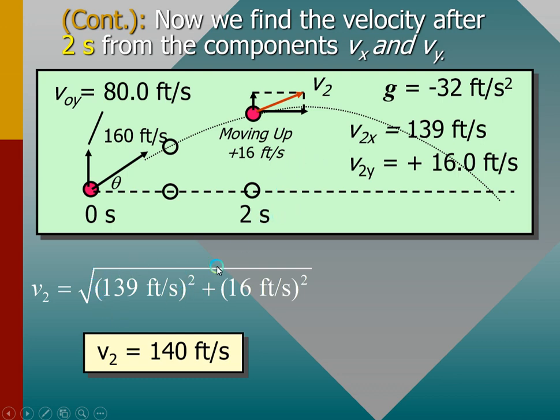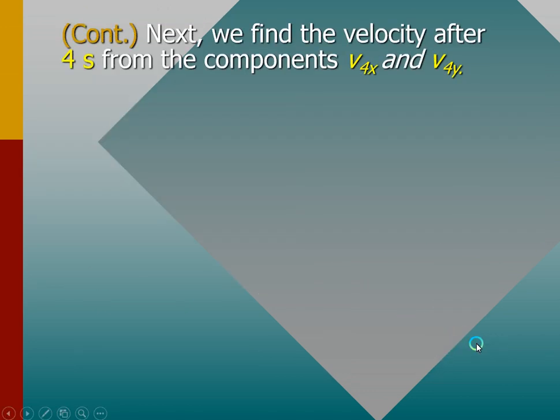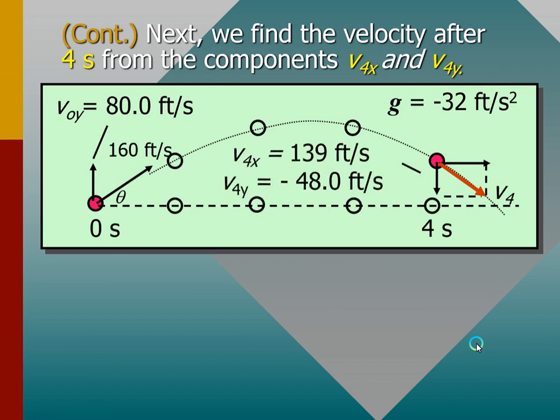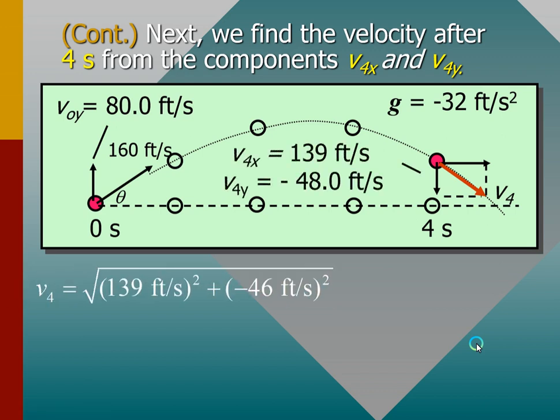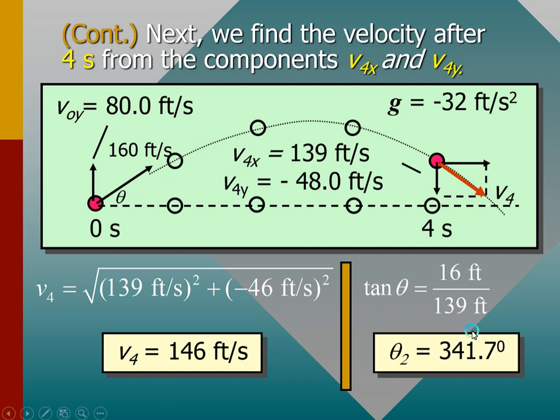So, butang talaman din Japon, that will be 140 feet per second. Same with your theta, same Japan formula, that will be 6.56 degrees. So for 4 seconds, similarly, same lang Japan formula, plug in lang natin and we will come up with 146 feet per second and the theta will be 341.7.